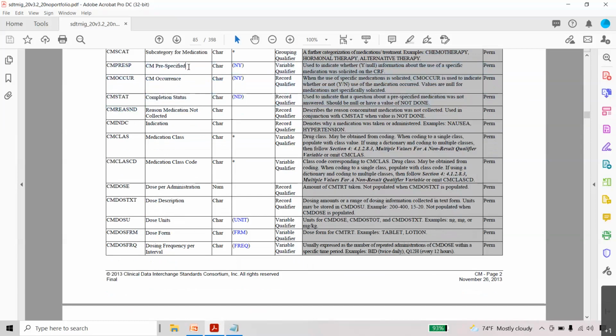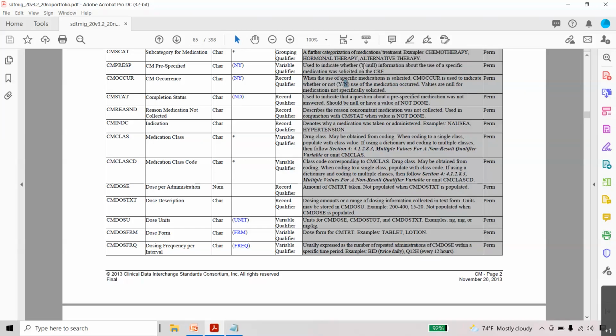For example, during the informed consent form, if the subject says, I am taking this medication on a daily basis, then the expected value during the treatment study is Y. But if the subject has not taken that medication, then the value is N. So if the subject initially tells about that medication, the value is yes, and during the treatment, if he takes it, the value is yes, or if the subject has not taken that medication, it is no. This is an interview question: what type of values can you see in CM pre-specified or CMOCCUR?